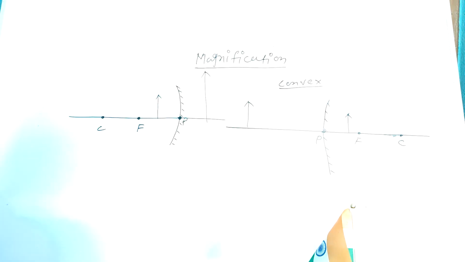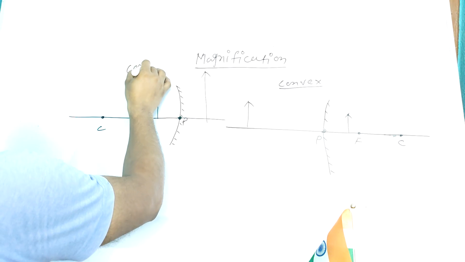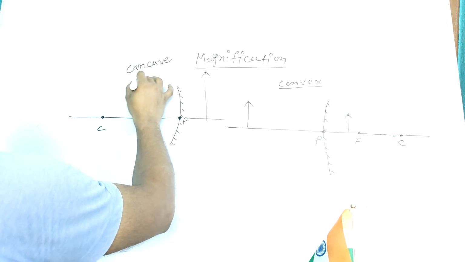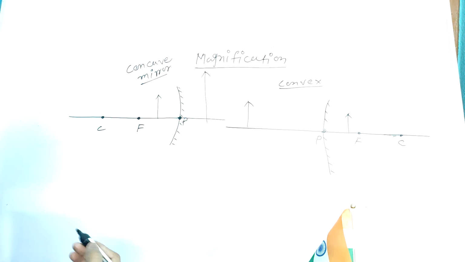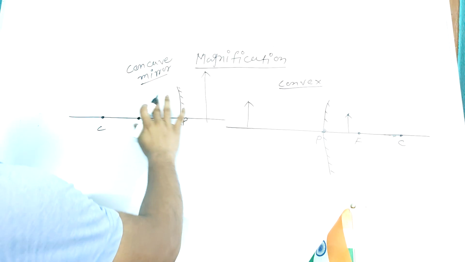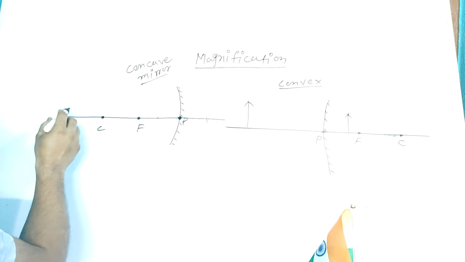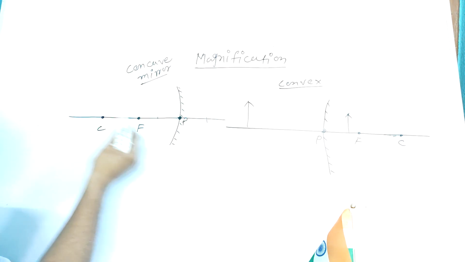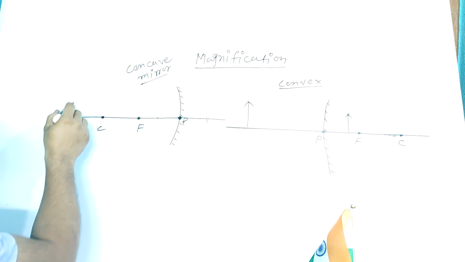See, in case of a concave mirror, if we place one object at infinity, then we can see the image is forming at focus.